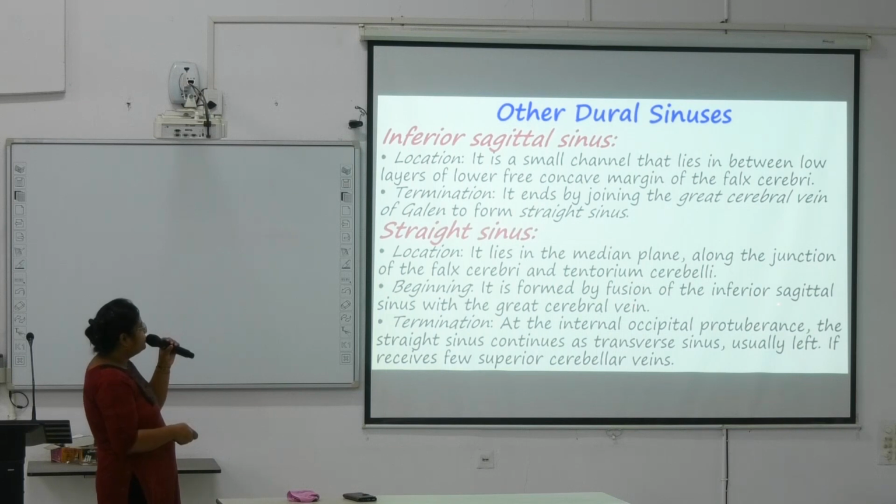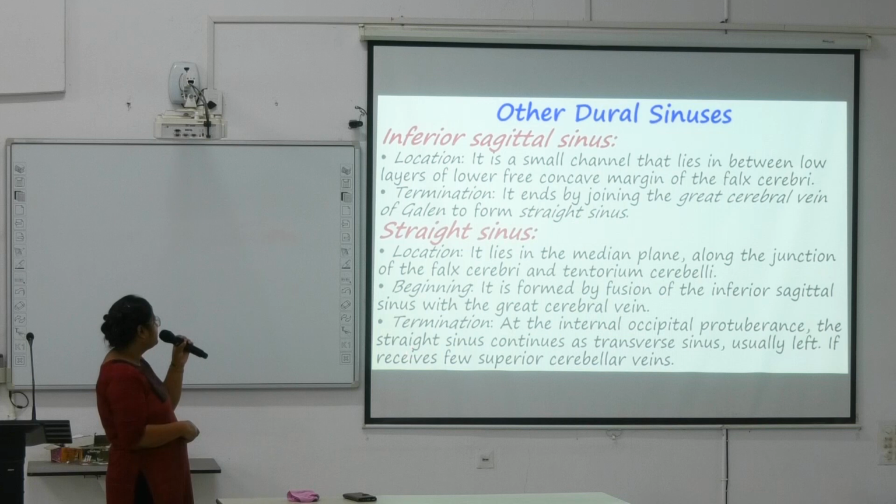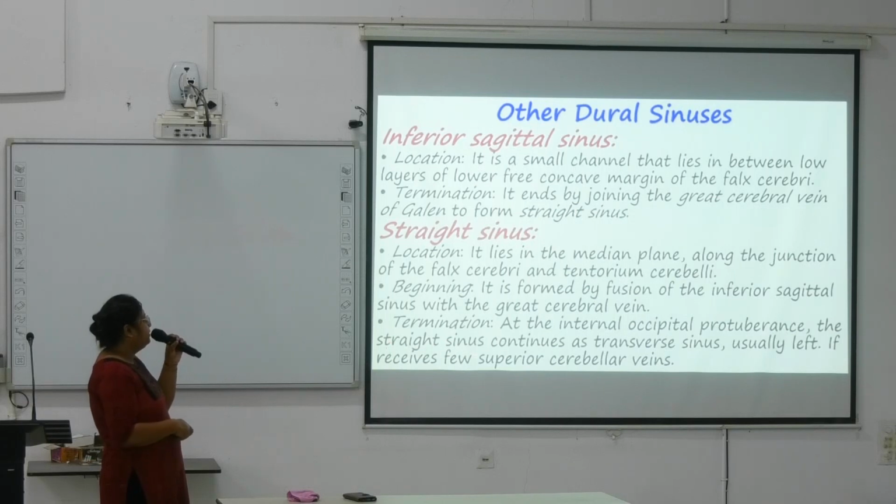It is formed by fusion of the inferior sagittal sinus with the great cerebral vein. Termination at the internal occipital protuberance, and the straight sinus continues as the transverse sinus, usually on the left side, and it receives a few superior cerebellar veins.